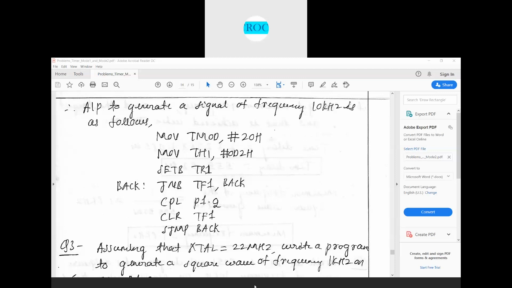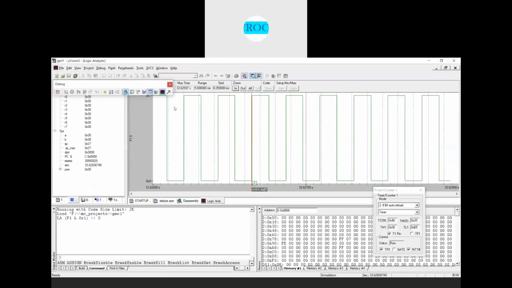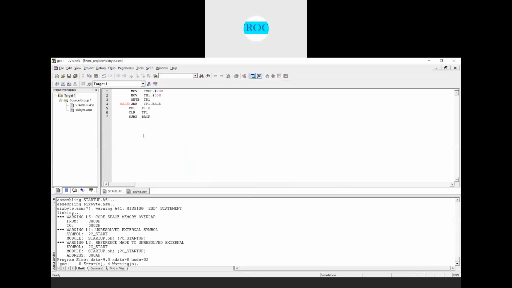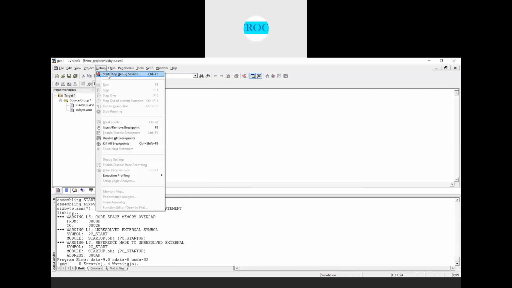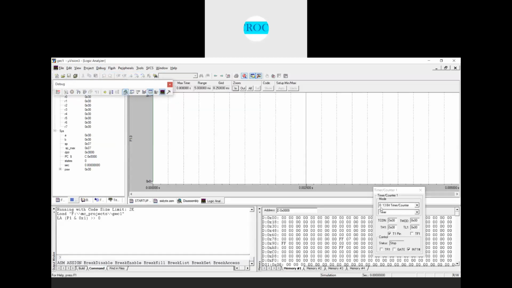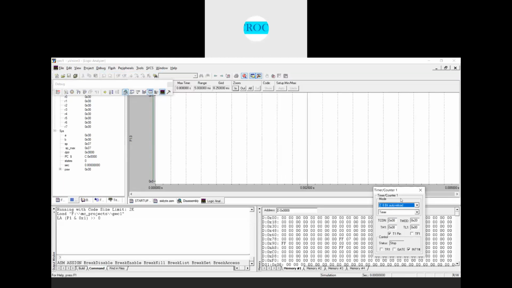So now for here, the initial count value we got is D2H, and it will go to 8-bit auto reload, timer 1 is selected, right?